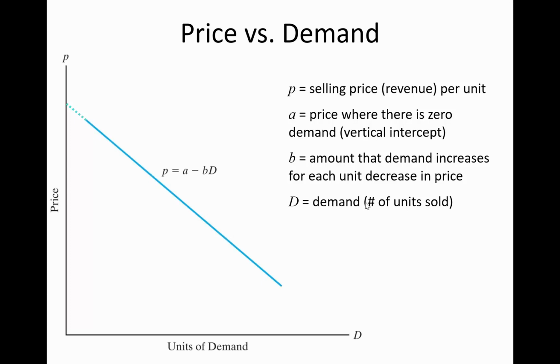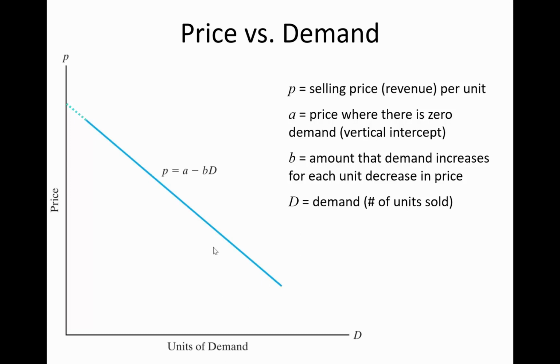And so it's how much the demand increases for each unit decrease in price. Like if you drop the price of your item by $1, then how many additional people want to purchase the item? So that's the slope of the line.